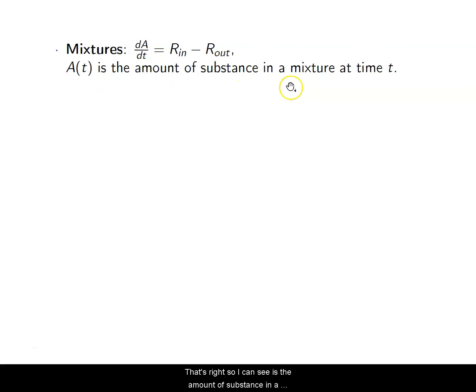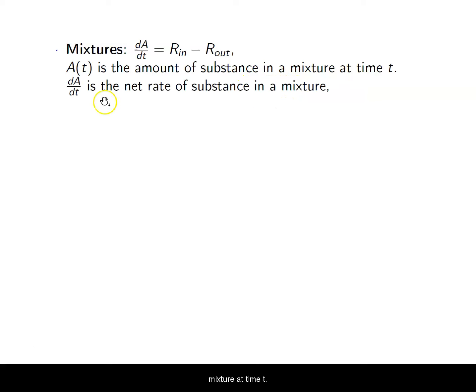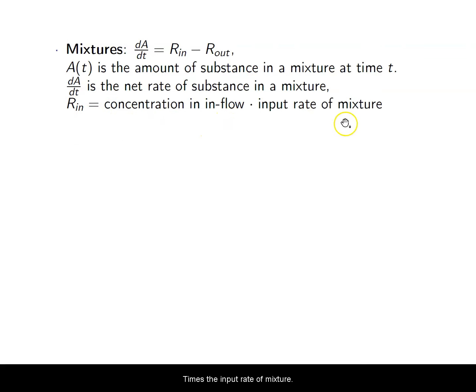So A(t) is the amount of substance in a mixture at time t, okay? The derivative of A with respect to t is the net rate of change of the substance in a mixture, okay? So the rate in is the concentration in your inflow times the input rate of mixture, okay? So how fast is it coming in, and what's the concentration in what's coming in, right?